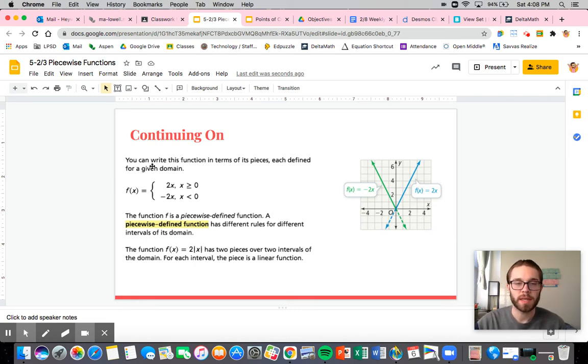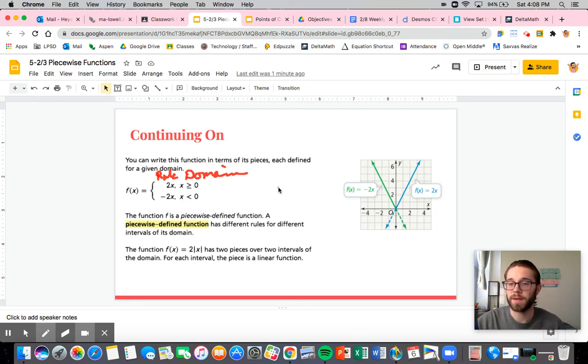This is typically how a piecewise function is written, okay? So you'd have f of x is equal to, and the little curly bracket there, 2x, and in this part right here, this is the domain, okay? This is saying you put in an x greater than 0, follow this rule. And when you put in an x less than 0, you follow this rule, right?